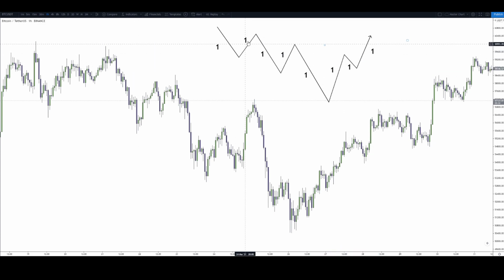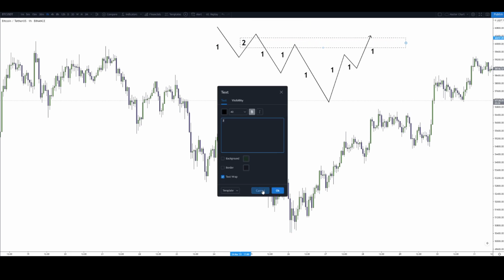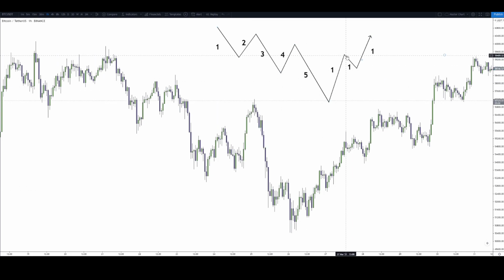Right. So just quickly change these, just try to make this as easy as possible for you guys. Those ones can be relevant, so we can get rid of them actually. Cool. So you've got 5 waves down. 1, 2, 3, 4, 5.